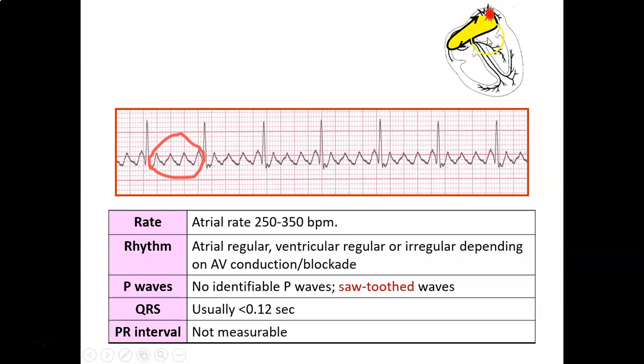If it moves 1, 2, 3, 4 times and then goes to the ventricle, we'll get the 4 flutter waves and heart rate about 70 to 75. Like in this example, 4 flutter waves and ventricular rate is around 75. If it moves 5 times, we'll get the 5 flutter waves and heart rate of 60, and so on.